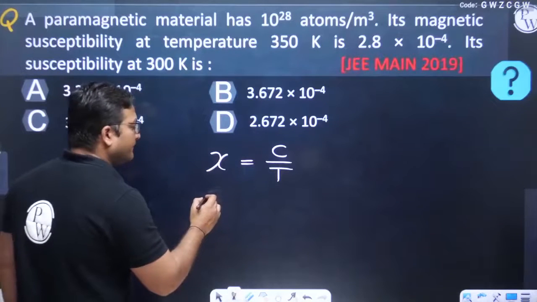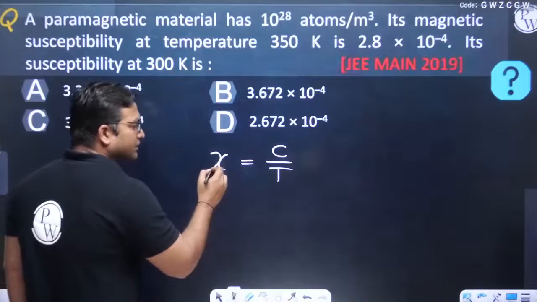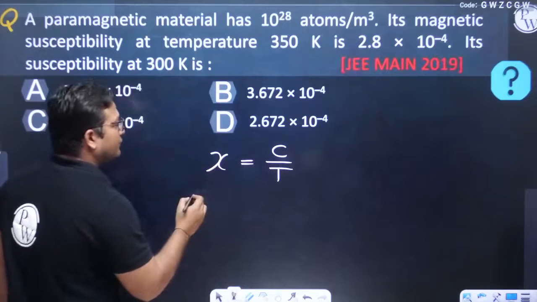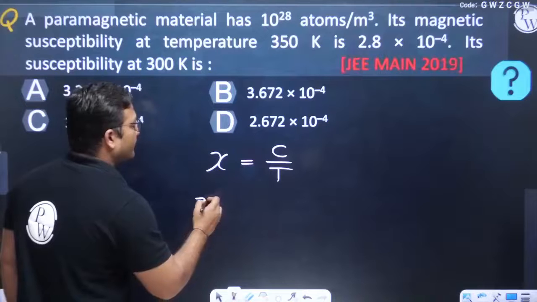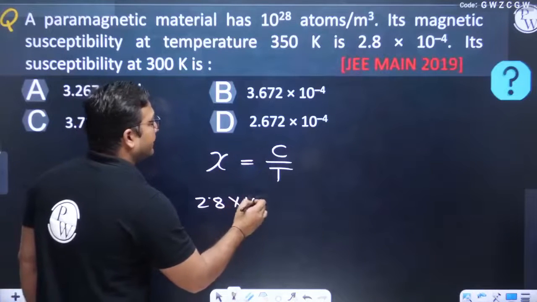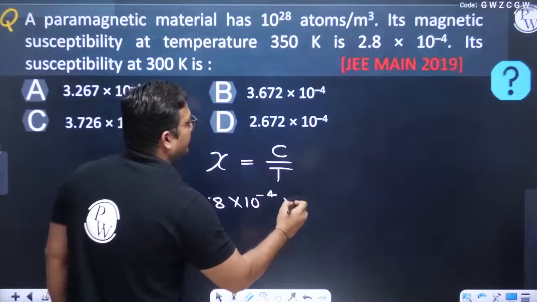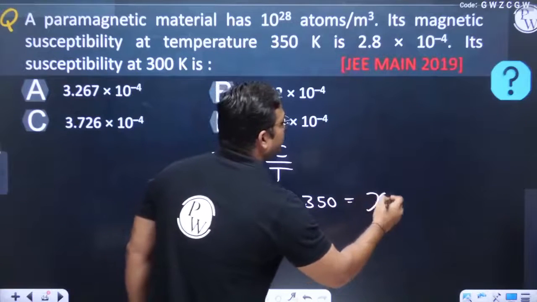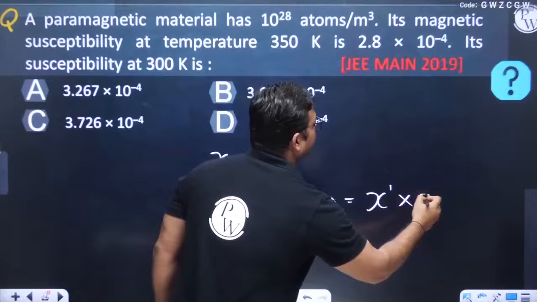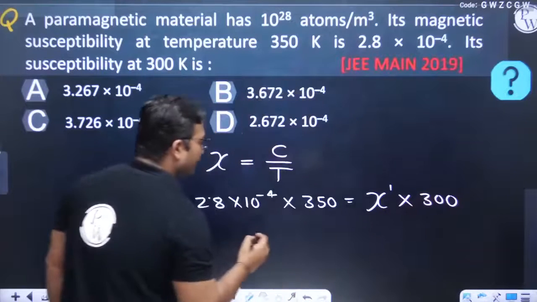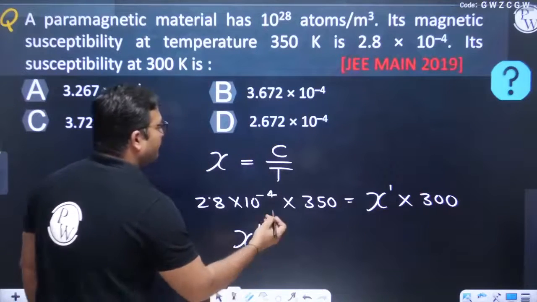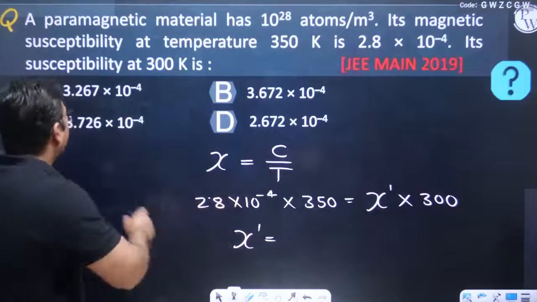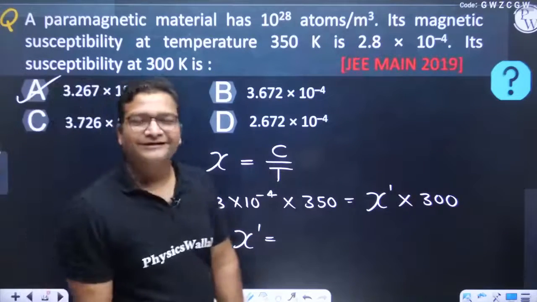So we can say the product chi times T is constant. So we have chi as 2.8 times 10 to the power minus 4 multiplied by the temperature, which is 350, equals the new susceptibility chi dash times the new temperature, which is 300. If you solve for chi dash, you will find approximately A as the correct answer.